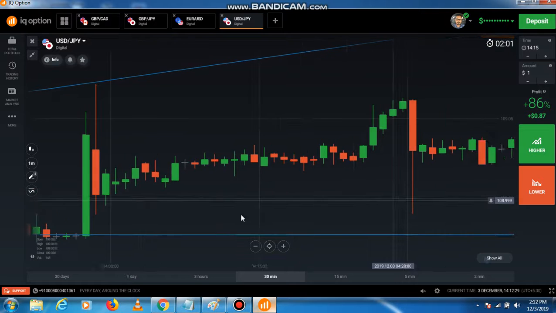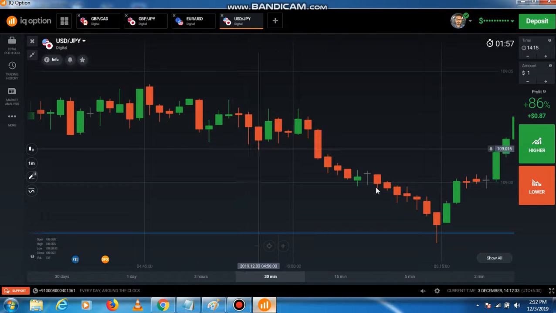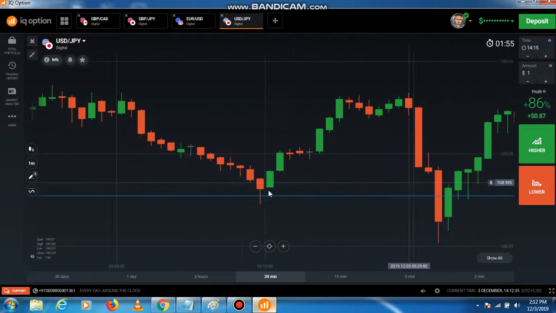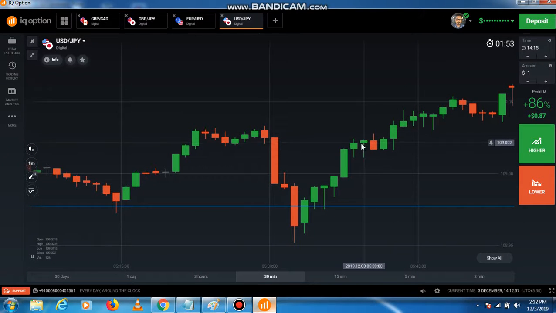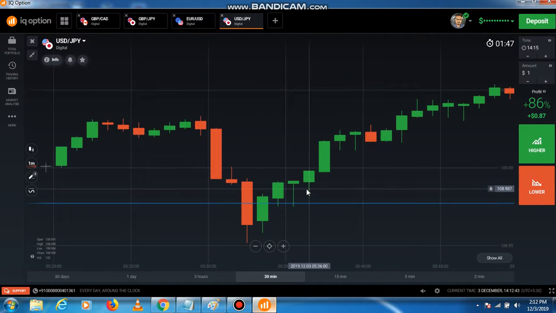Let me look for other trades. Find the wick: hammer with the long wick, hammer with the long wick. See, look at this, hammer with the long wick, it worked. Here, you would have lost it. The body has closed above the body of the previous candle, and the level is also good, and I could go for a lower option, but I would have failed. We would have lost this trade.